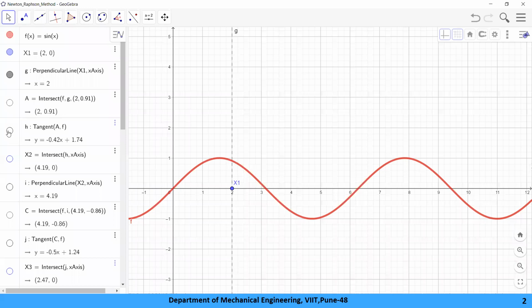Next, draw a tangent to the curve from the point. Which point? A point. Draw कर लिया. Then take the intersection of this tangent with x-axis. That intersection is x2 value. This x2 value is probably your root.